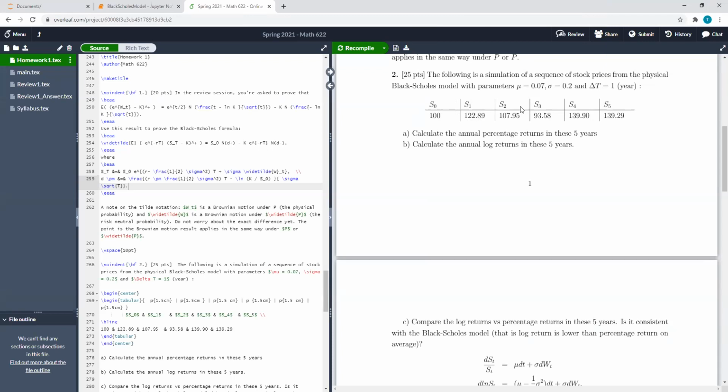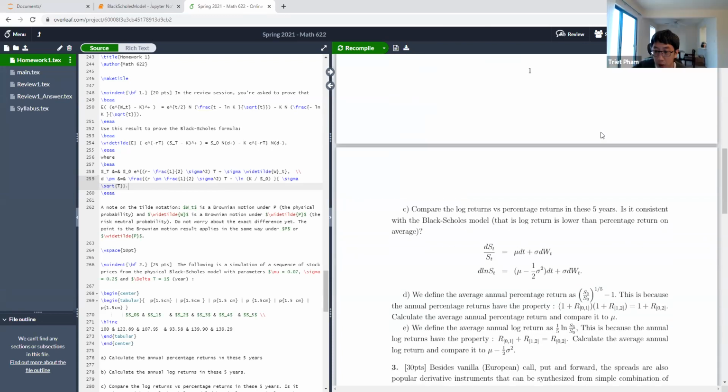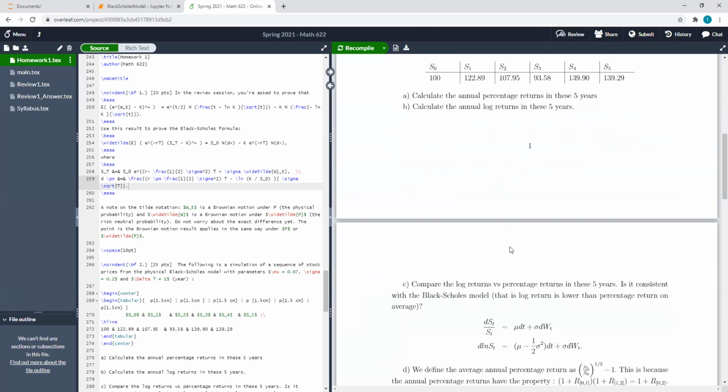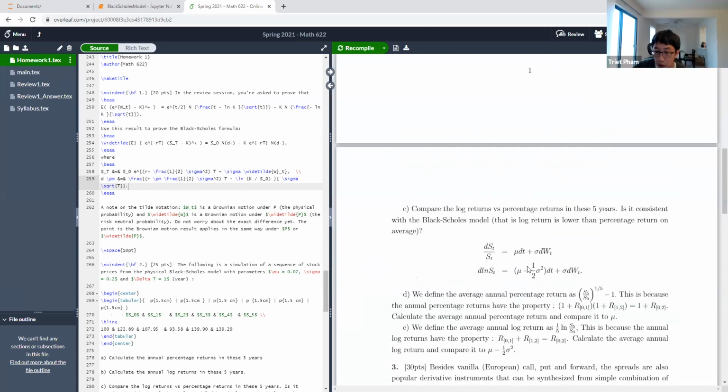Percentage return from here to here will be this minus this divided by S1. And then you get the sequence of 4 numbers, and you compare that with the single number, mu. And you do the same thing and compare that with a single number, this. Or do you want me to write it down for you?